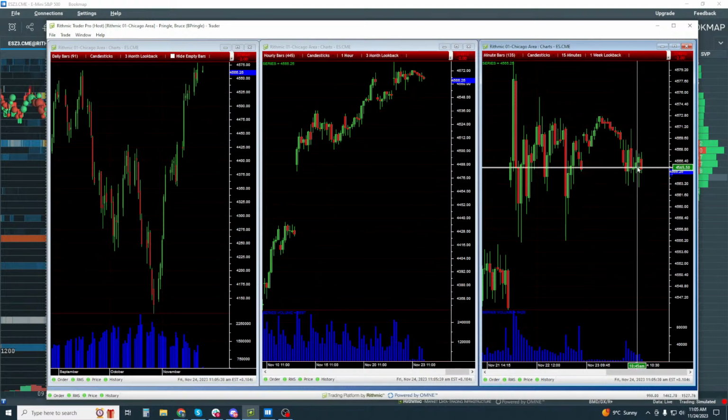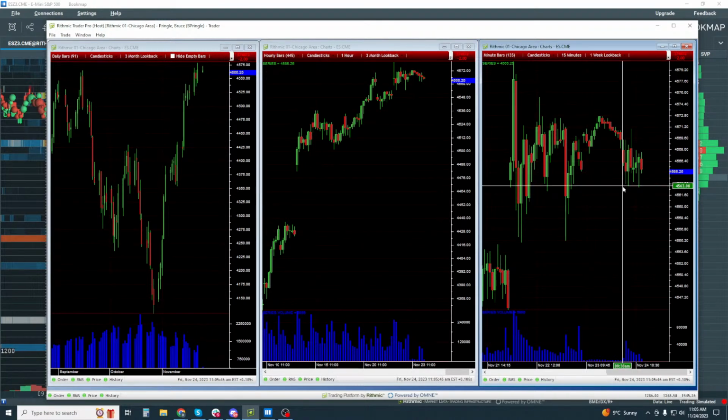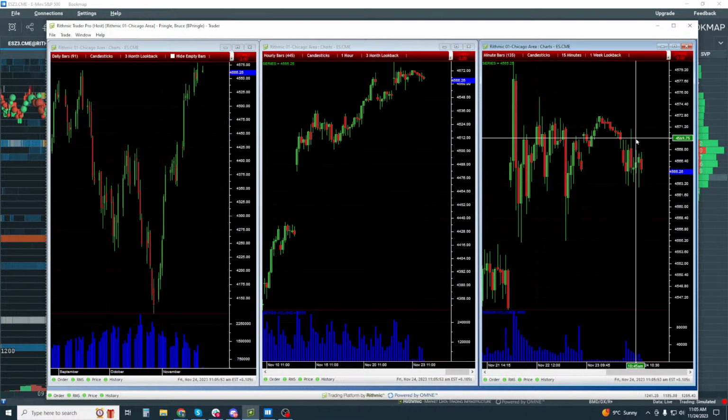So like a 10-point range or so. And every time it comes back down here so far, we're seeing that there are buyers willing to buy at this end of the range and trade it back up into the middle or the other side.